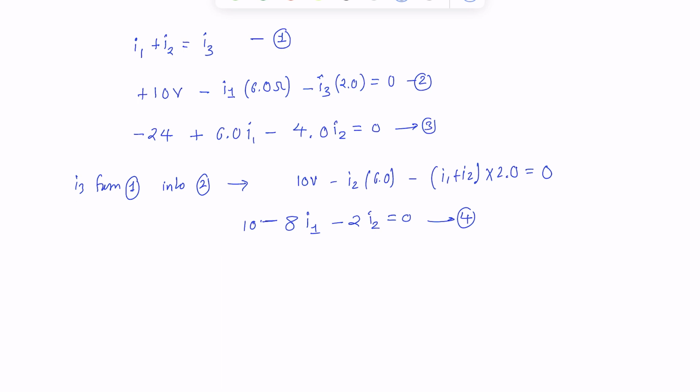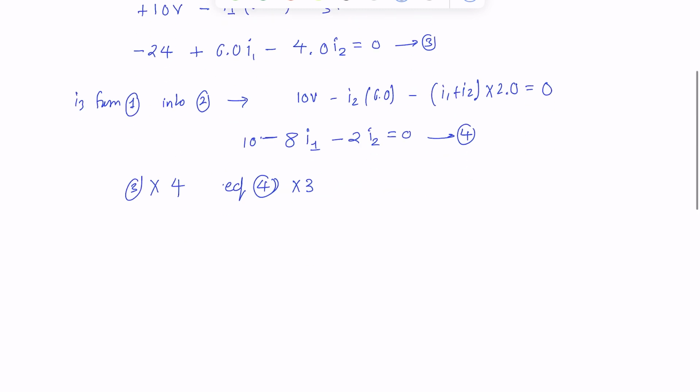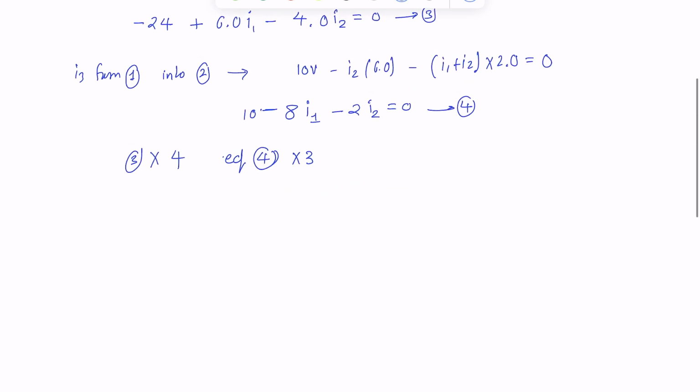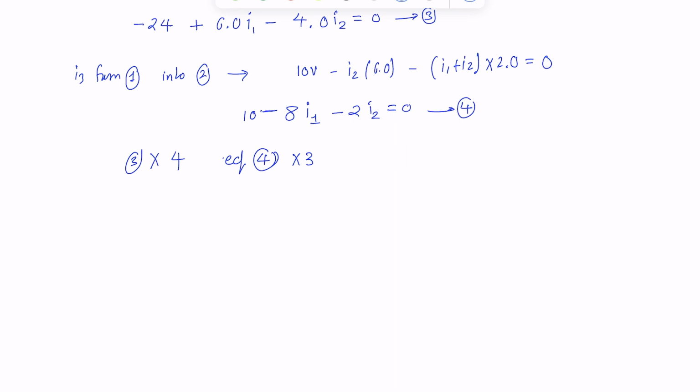The next job is to multiply equation 3 by 4 and equation 4 by 3.